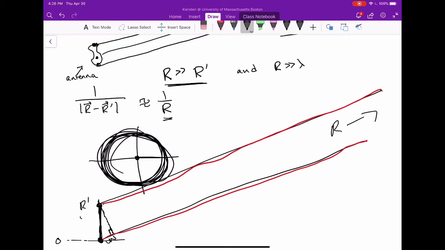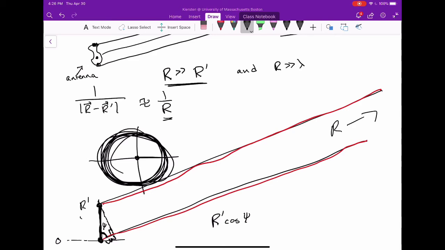This hypotenuse is R prime. This is the angle between r and r prime. I'm going to name that angle psi. And then this length there is r prime cosine of psi.